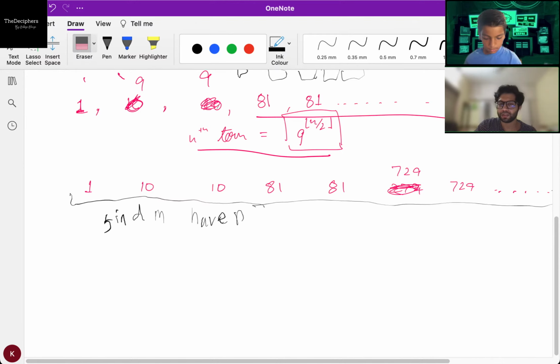Because you know that we have to find the nth digit of that length.